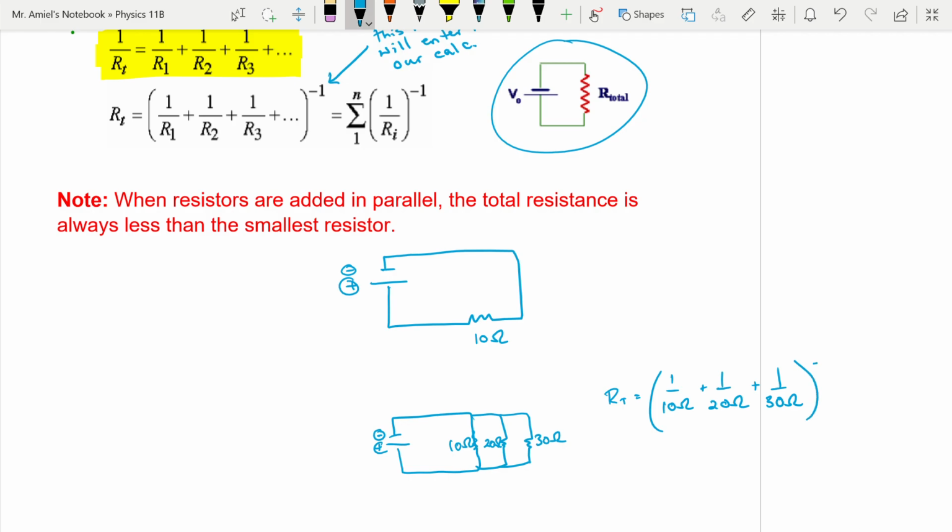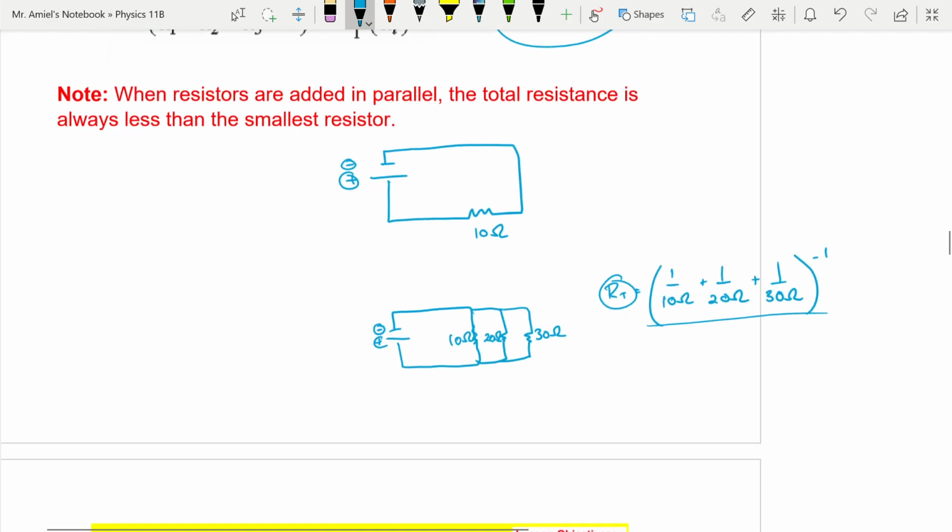It's going to end up being 1 over your answer for everything in the brackets here. And so because of that, when your resistors are added in parallel, your total resistance is going to be less than your smallest resistor. And again, I'll let you do the calculation and convince yourself of that.